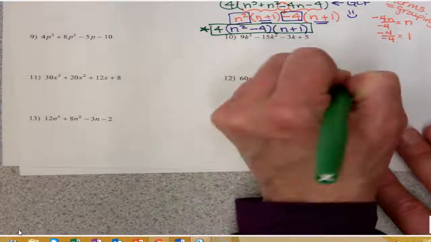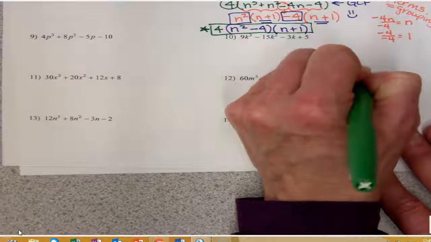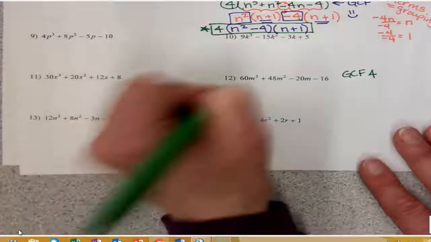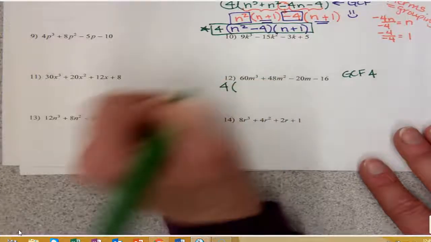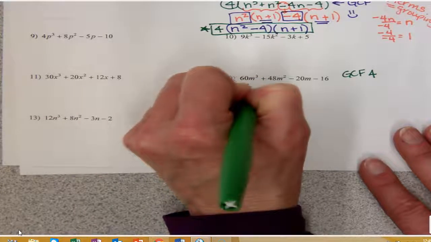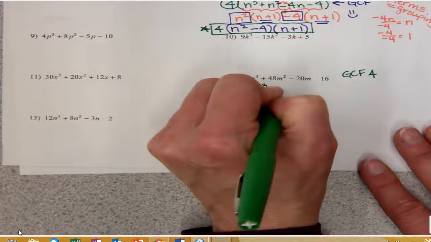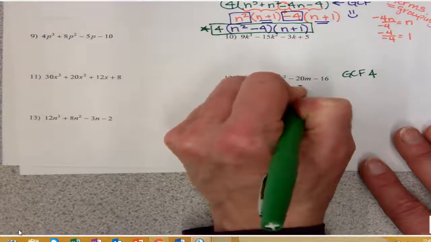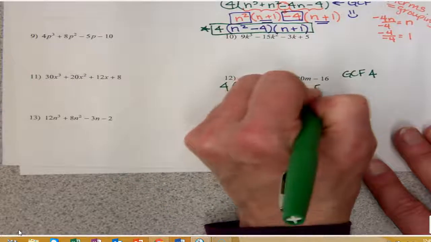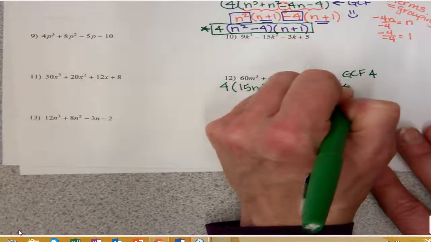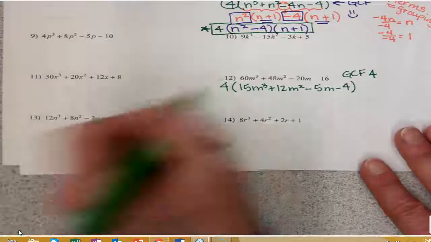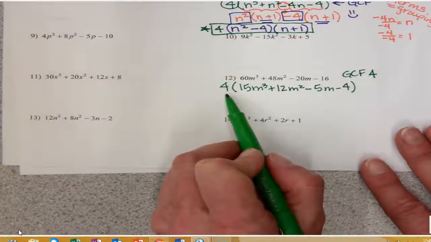So 4 is going to be my greatest common factor. So when I factor 4 out, I'm left with 15m cubed plus 12m squared minus 5m minus 4. Now I've got my greatest common factor out.